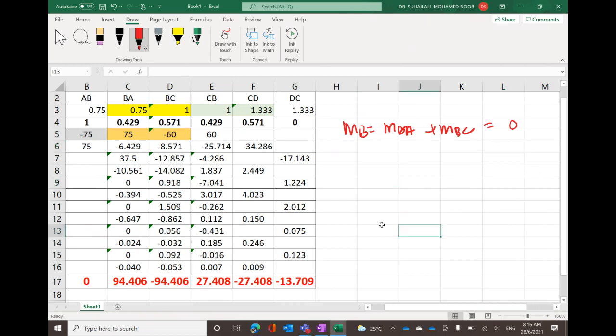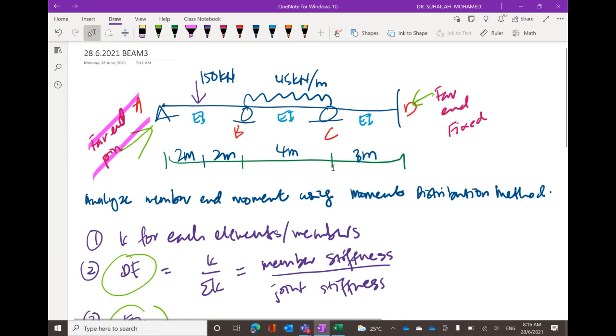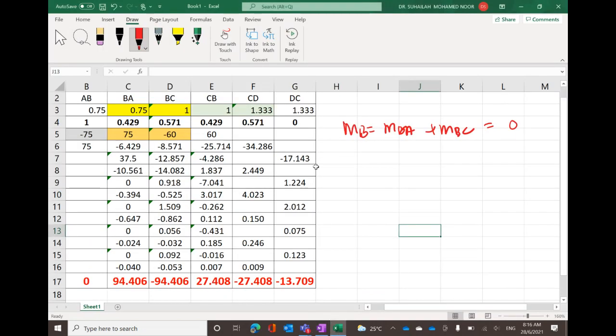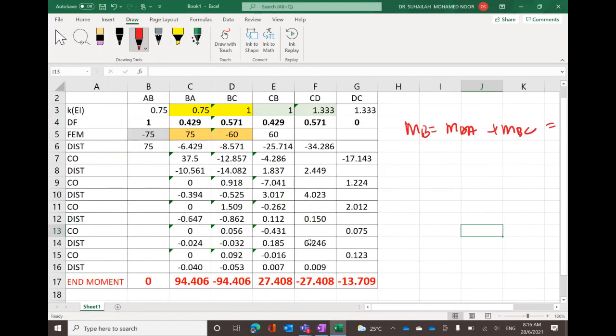Here, B roller moment is equal to 0, MC is also equal to 0. That is why in the table whenever we total MBA plus MBC, we get 0. And MCB plus MCD is equal to 0 unless whenever the joint has external moment.